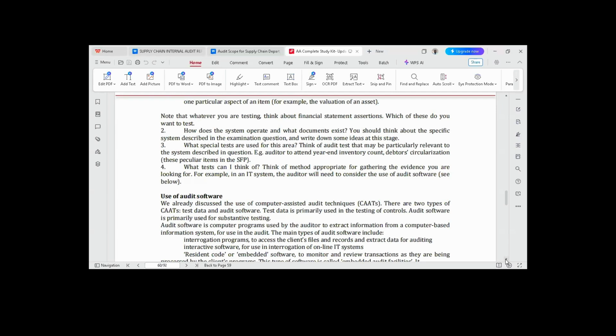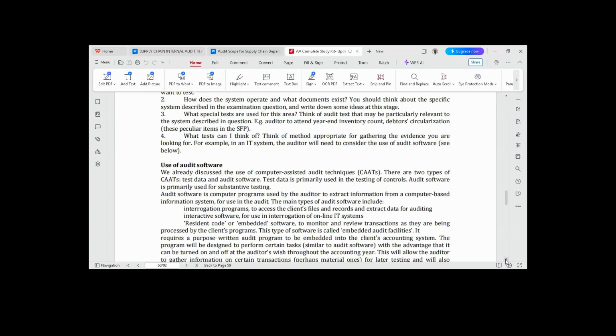The first one is audit software. What is audit software? Audit software is a computer program used by the auditor to extract information from a computer-based information system for use in the audit. Okay? And there are different types of audit software. Basically, there are three types.